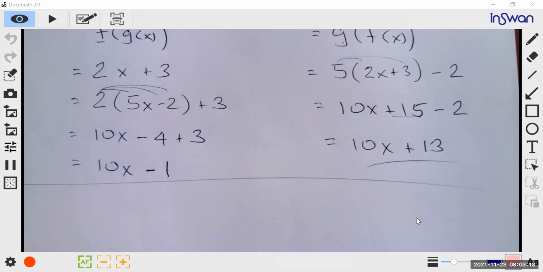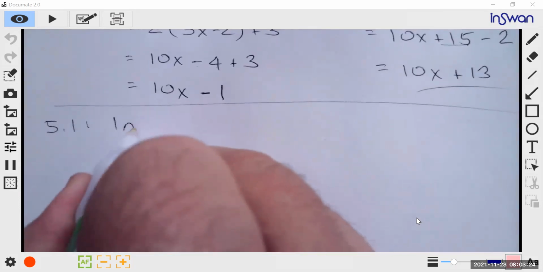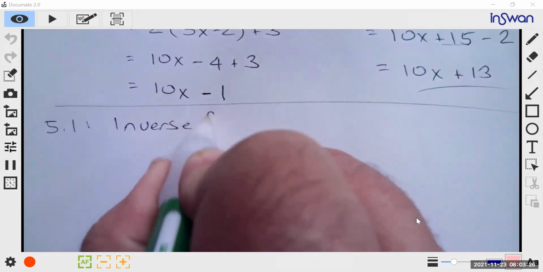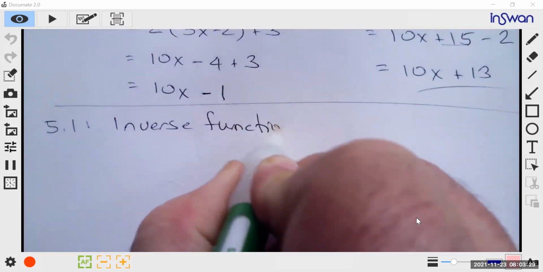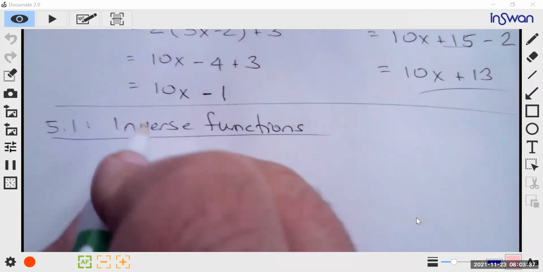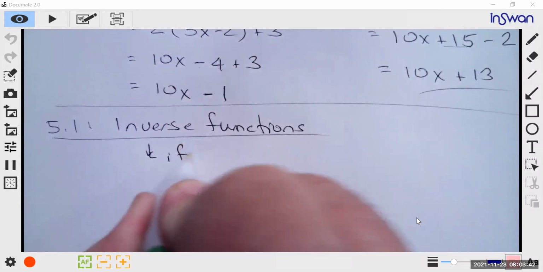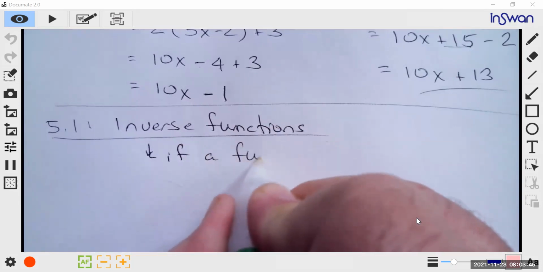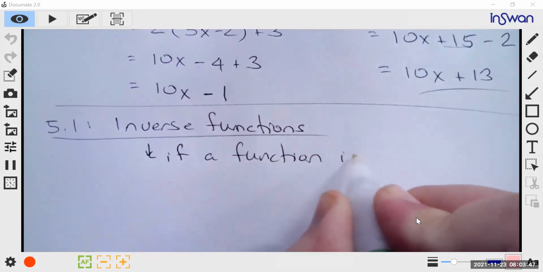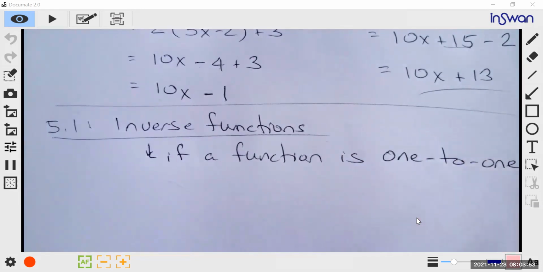So that jumps us into section 5.1. Inverse functions. An inverse function says this: if a function is 1 to 1, I'm going to use this symbol from now on, 1 to 1.